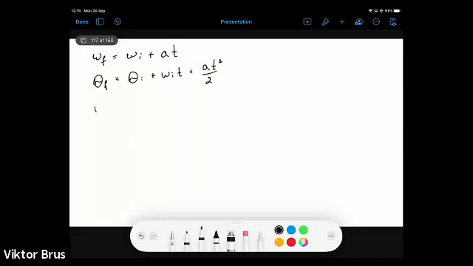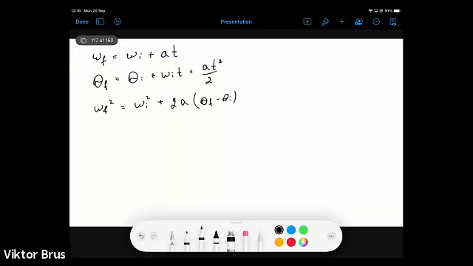And we also can express time from the first equation, substitute it instead of time in the second equation, and then we will get that final angular velocity squared is equal to initial angular velocity squared plus 2 times angular acceleration times theta final minus theta initial.